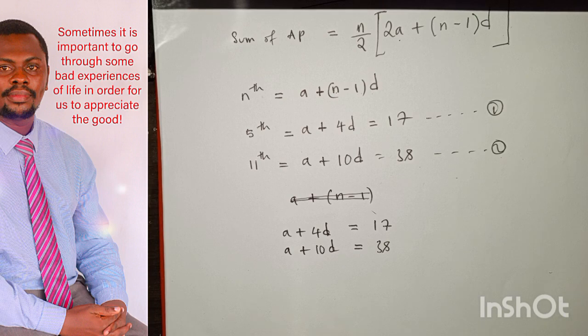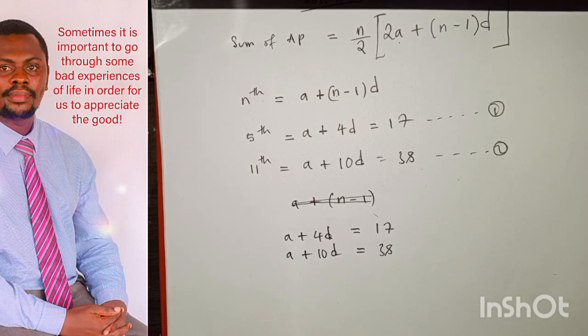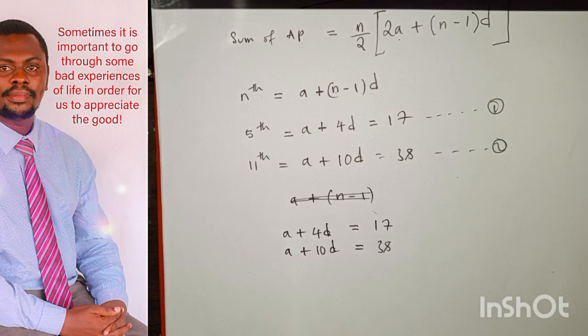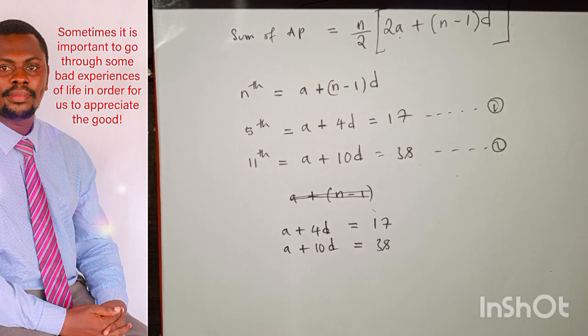From the word itself, elimination, we decide which variable to eliminate. The variable which is easier to eliminate in this case is the one where the coefficients are the same. If you look at variables a and d, we can see that the variable a has the same coefficient. So it's very easy for us to eliminate a.